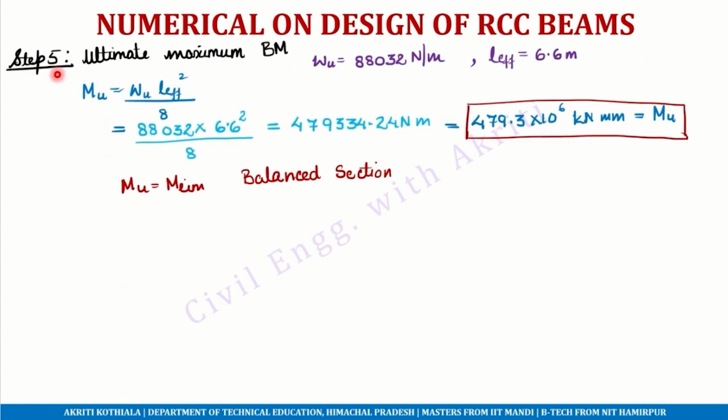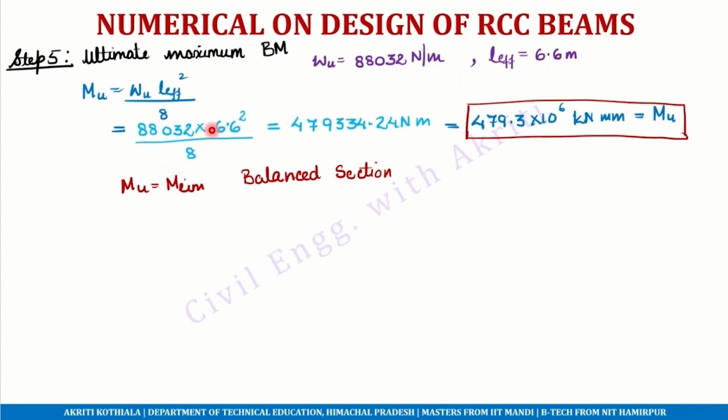Now the next step will simply be calculating the ultimate maximum bending moment. We know that this is a simply supported beam on which a UDL of 88,032 newton per meter is being imposed. So we can simply use the formula Wu L effective square upon 8. Substituting these values, L effective we had calculated in the previous slides and was equal to 6.6 meters.